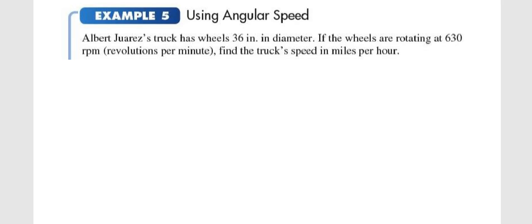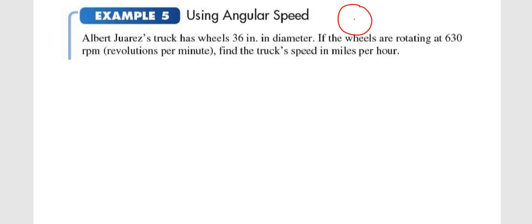45-ish, I think. So we're trying to take angular speed from this truck tire and change it into linear speed. We want to know how fast the truck's moving in miles per hour.